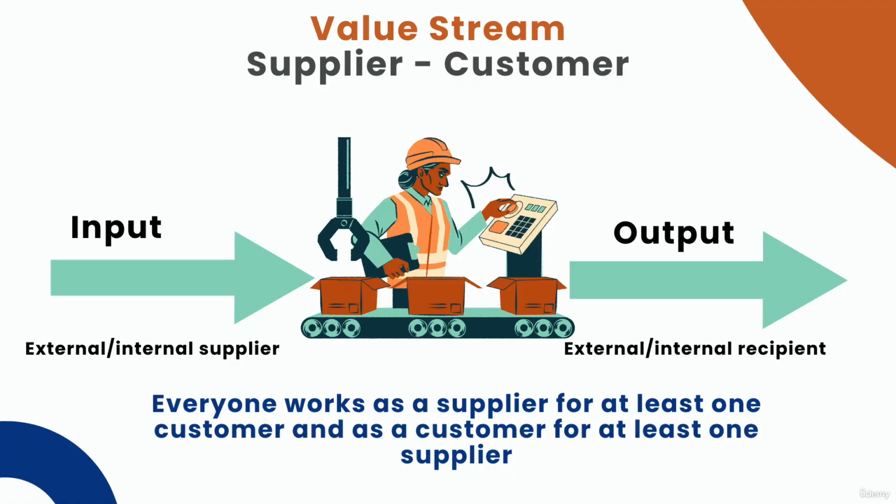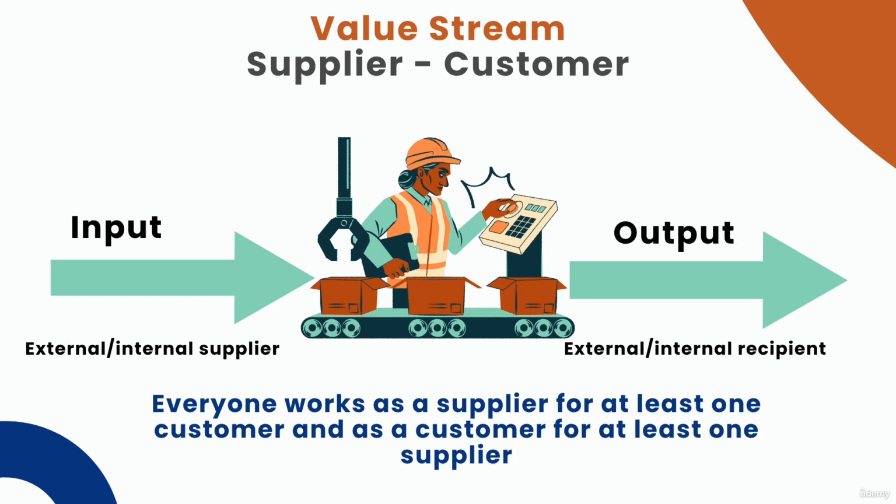One more minor point before describing the steps in value stream mapping. In this mapping process, it is crucial to pay close attention to the supplier-customer relationship at each stage. As you can see on the slide, every participant and operation in the process has a dual role. They are both supplier and customer. This highlights how each stage of the value stream is interconnected and dependent on the previous one and influences the next one.